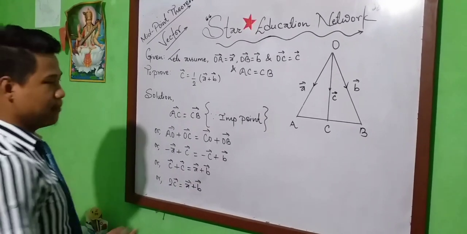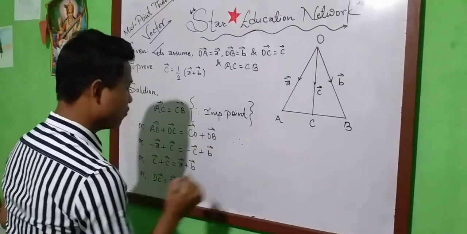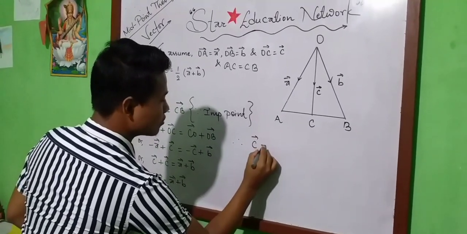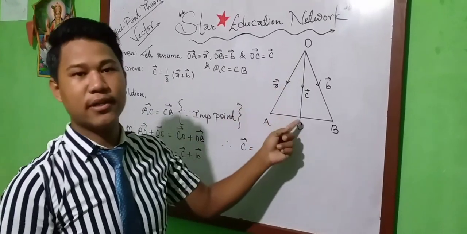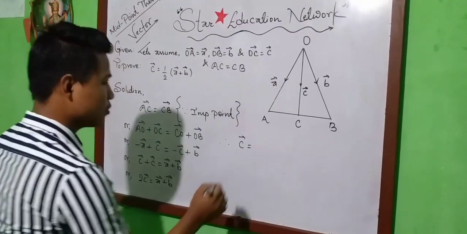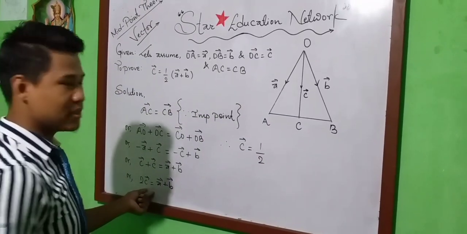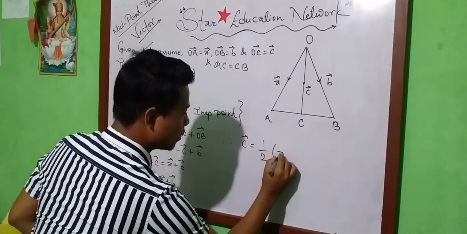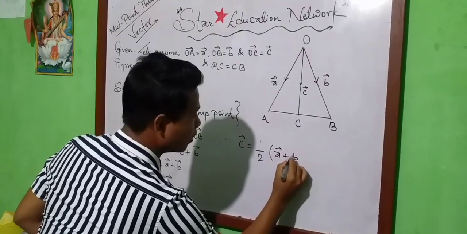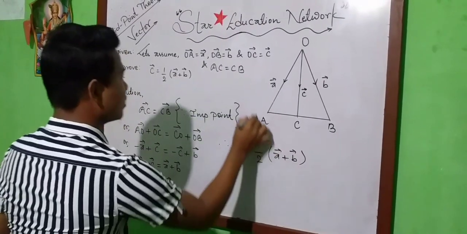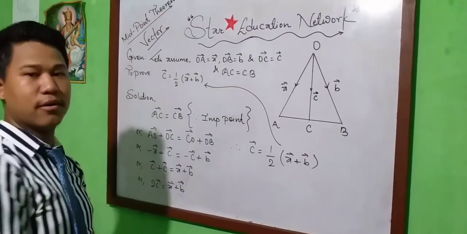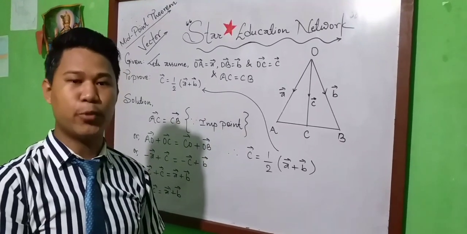In the final step, therefore c vector, OC vector, equals, whenever the 2 goes to the other side, it becomes divided, 1 by 2, a vector plus b vector. And this is the step to be proved in our vector theorem of midpoint.